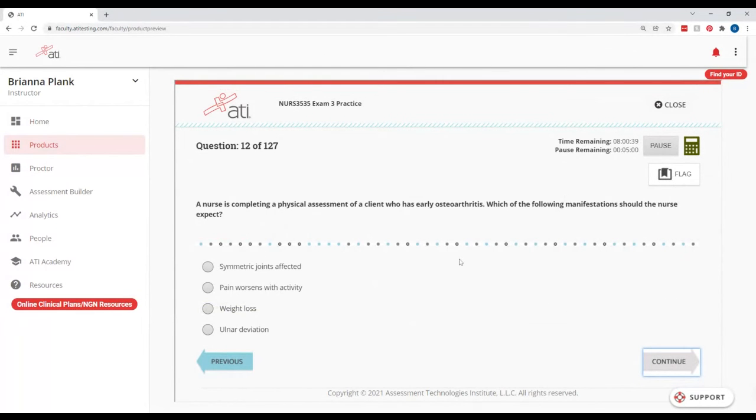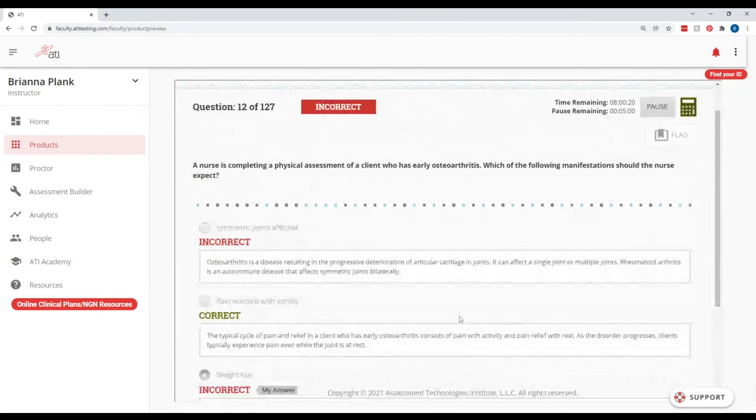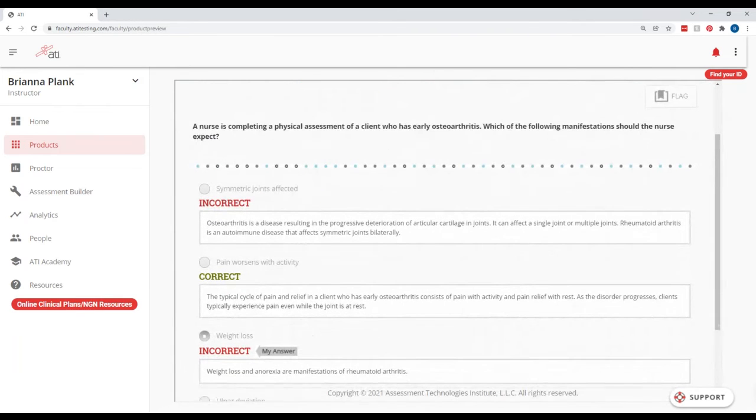Okay, we have early osteoarthritis. Which of the following manifestations should we expect? So weight loss is a manifestation of rheumatoid arthritis.